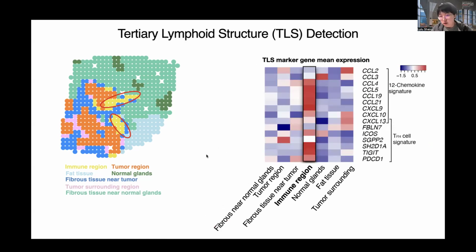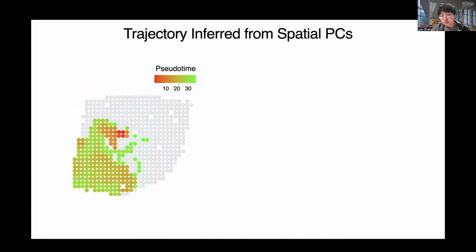And also we checked the TLS marker gene expression, and we found that the breast cancer TLS marker genes are highly enriched in the immune region that we detected. So based on these two pieces of evidence, combined with some other analysis in the paper, we found that this immune region might be a TLS region, and this patient might have a better survival outcome.